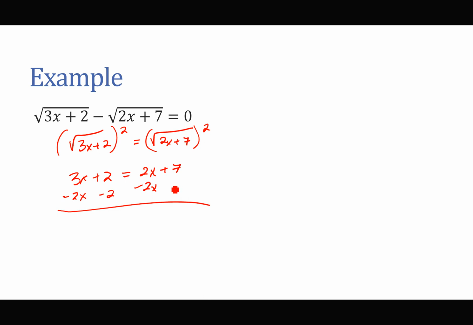So I'm going to subtract 2 from the left to get it to the right. So all I have here is x, and then all I have here is 5. So this is simple solving of a one variable equation, or simple solving of a degree 1 equation. We don't have to worry about setting equal to 0 or anything like that. So x equals 5, but still we cannot forget our check.